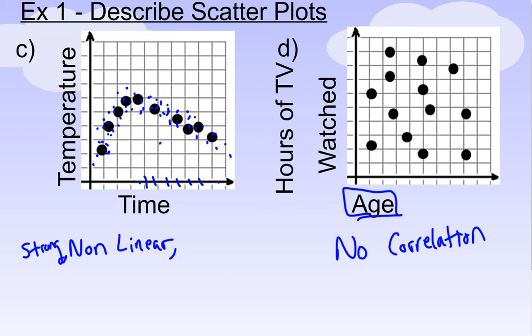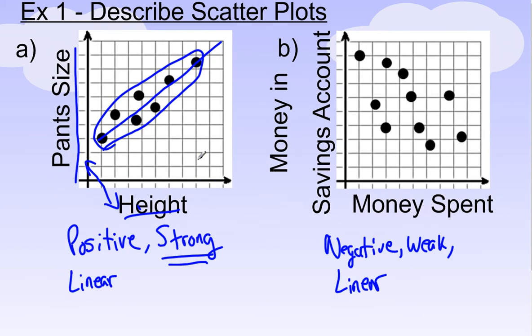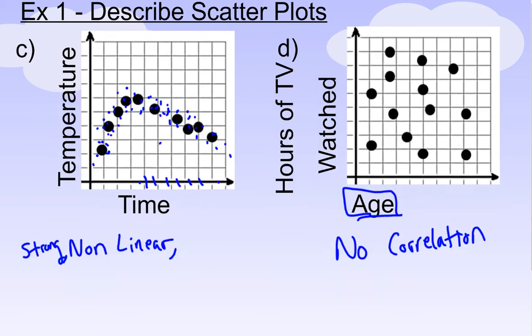All right, so you start to get a feel for this correlation. You're looking for a pattern in the data based off your data points. Does it sort of form a straight line? If it is a straight line, you're looking for, is it positive, negative? Is it strong or weak? If it doesn't form a straight line, that could mean, like in this case, it seems to still follow a pattern, so that makes it nonlinear.